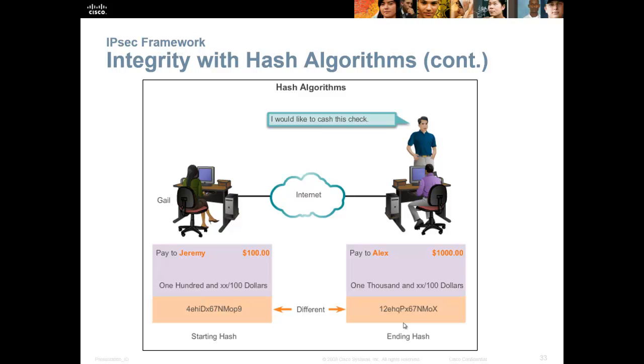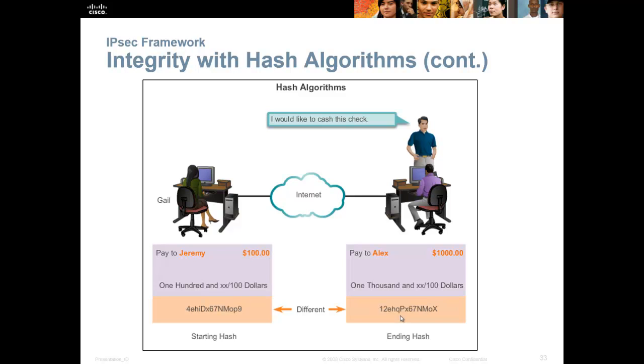Or in this case in the slide, if I hash it like this and send it across the internet, and somebody intercepts it and changes it, it's going to show up different. So I sent you 100, but you modified it to be $1,000. So I know the hash is incorrect.